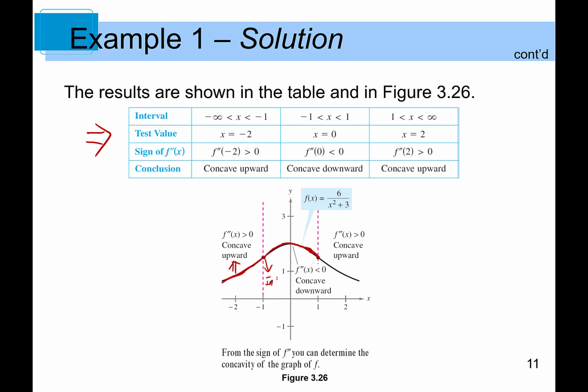We're gonna get to that in a second. From 1 to positive infinity, again, it's concaving upward. That's another point of inflection. We're gonna get to that concept in a second, but the graph is consistent with our analysis.